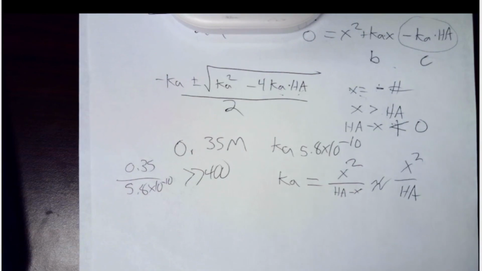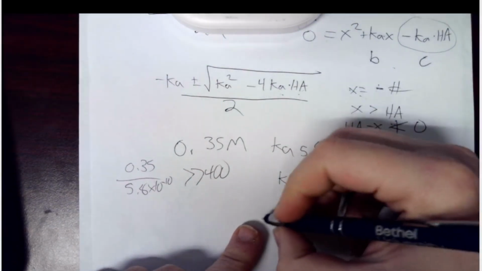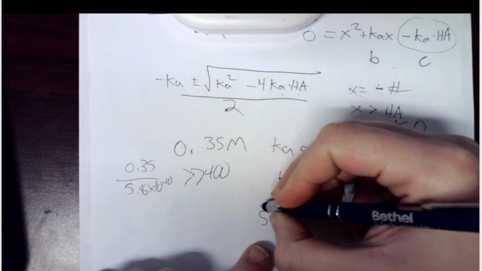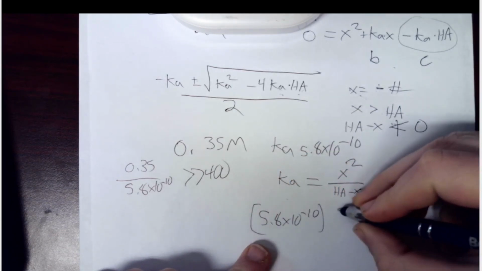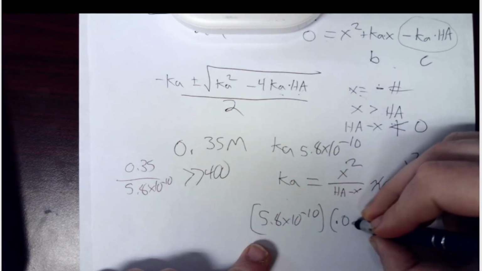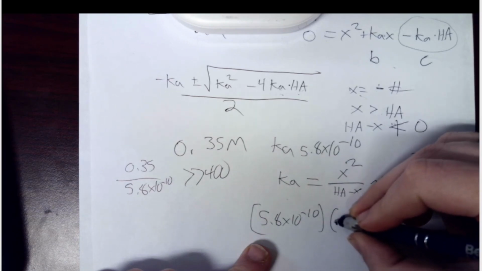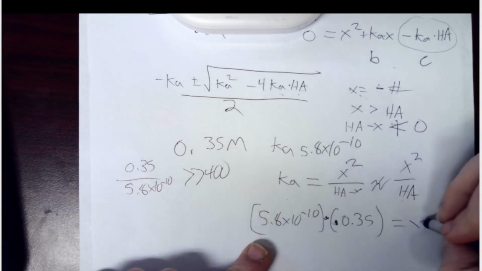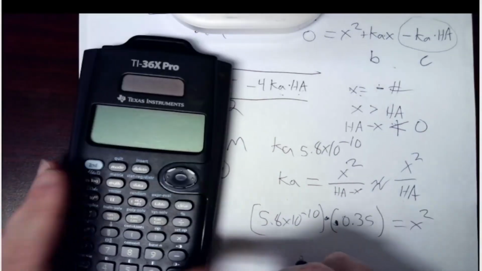And since this is weak, we're going to say 5.8 times 10 to the negative 10th, and we're going to multiply this by 0.35. And that's going to be equal to our x squared.